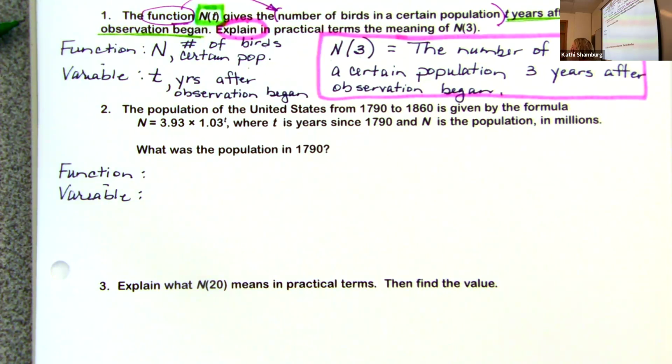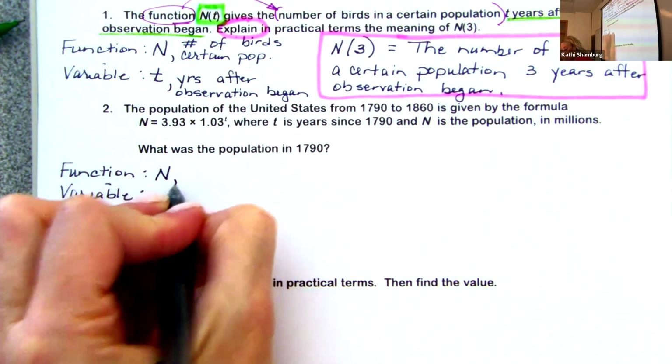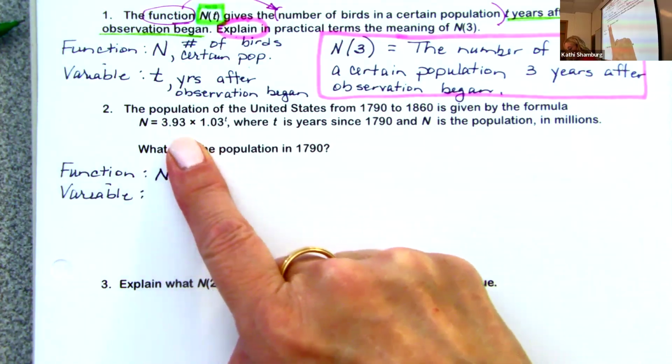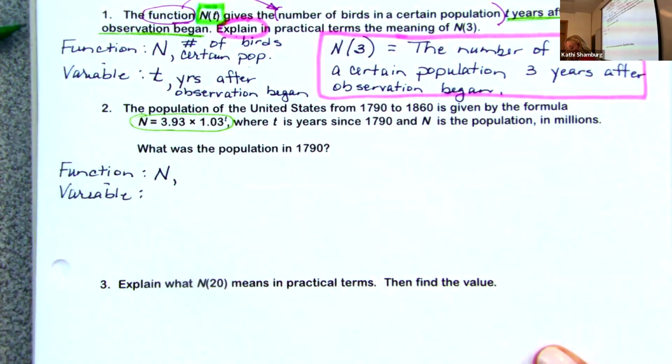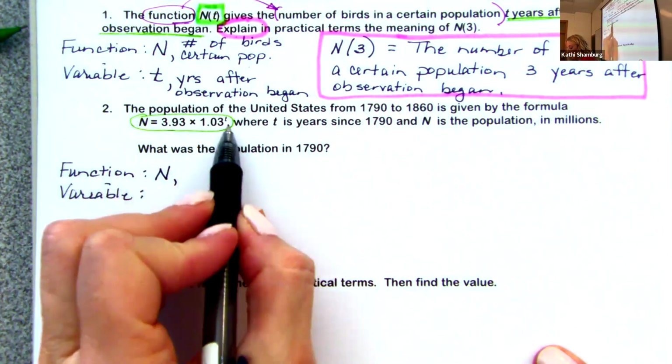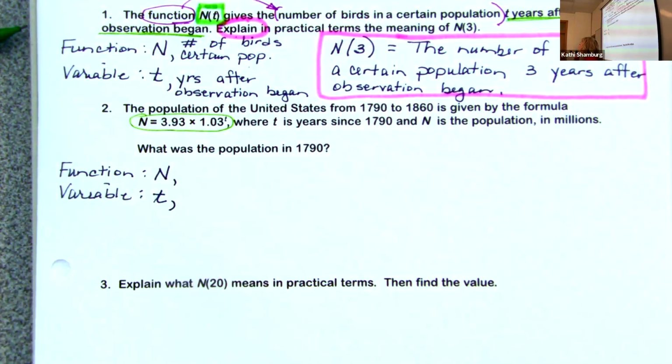All right, what letter did you use for the function? N. Now, that can be determined straight from the formula. I know it always starts with function, so that means this letter T is my variable. They were very kind in this one.